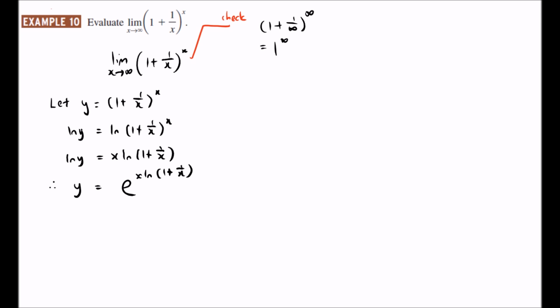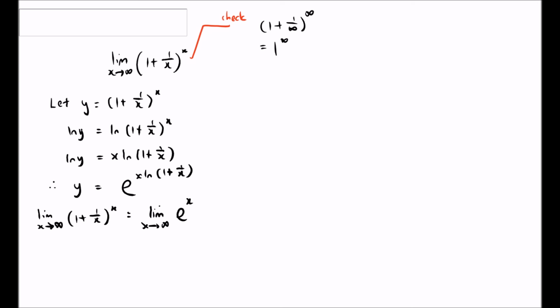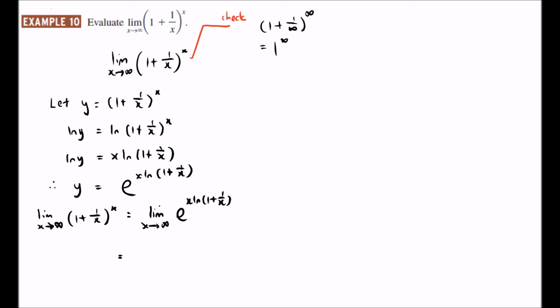So now the limit as x goes to infinity of 1 plus 1 over x power x must be the limit as x approaches infinity of e power x ln 1 plus 1 over x. You just take the limit of the power, because the power is the one that contains x. So e, similar to what we did just now.